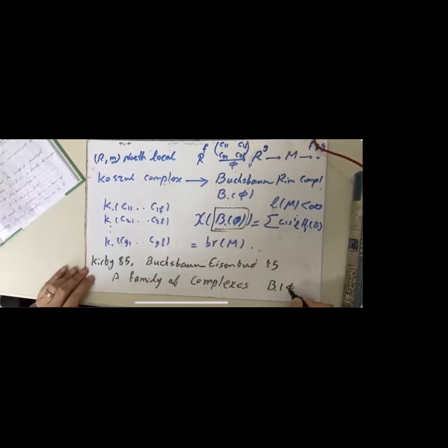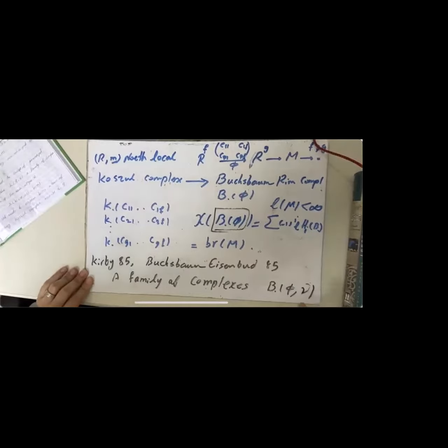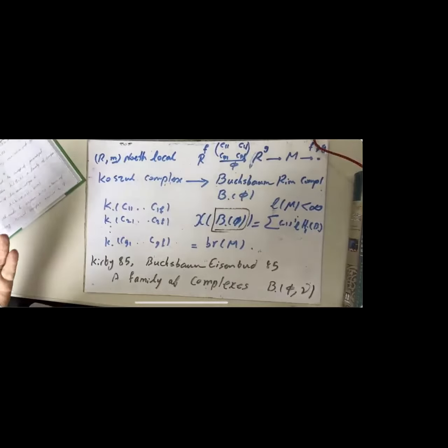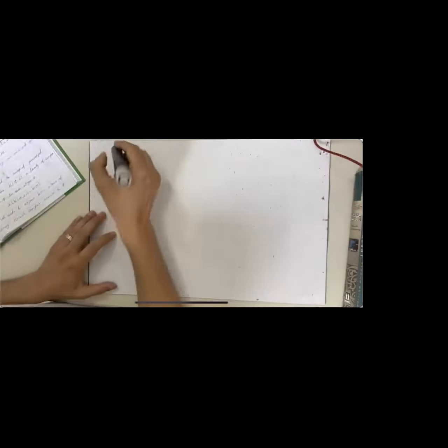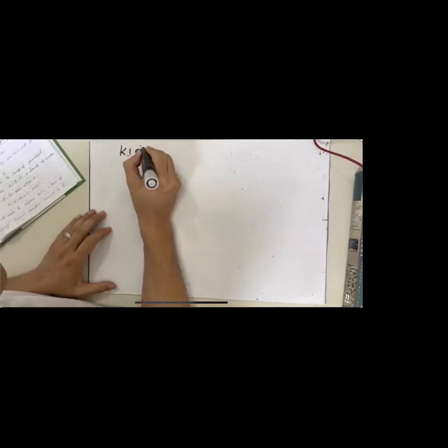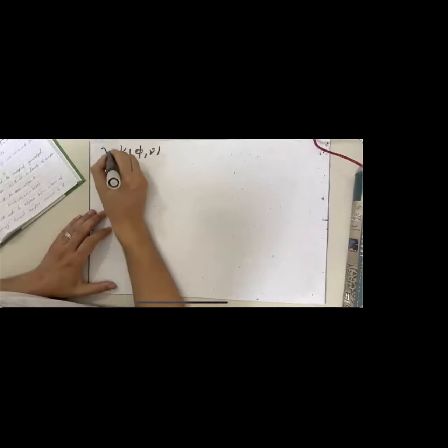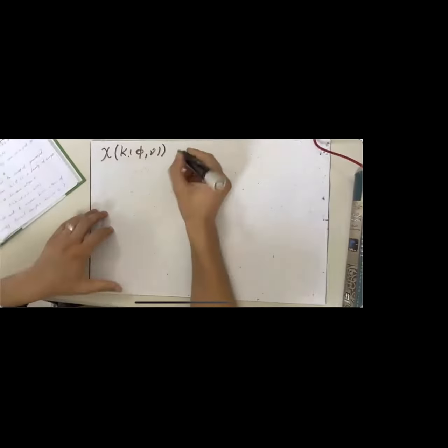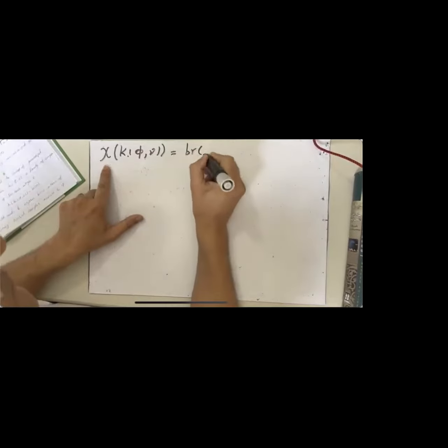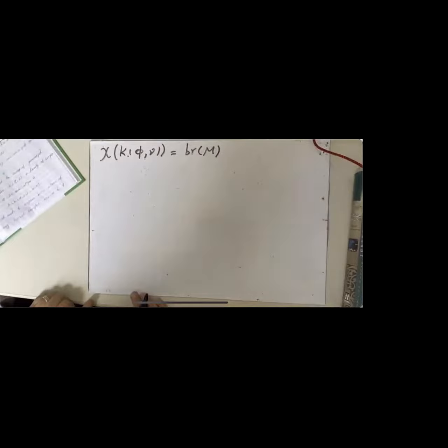So they define a parameter, let's say V, and for any parameter V they define a new complex, and every complex has a nice property, okay? In particular, Kirby showed that for all of this family of complexes, if you look at the Euler characteristic, they will provide the Buchsbaum-Rim multiplicity.